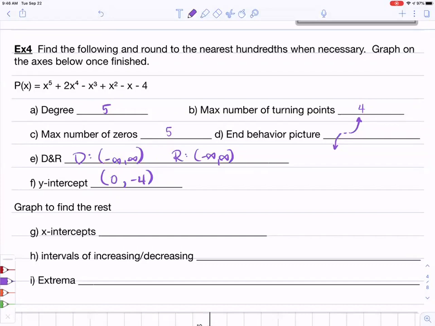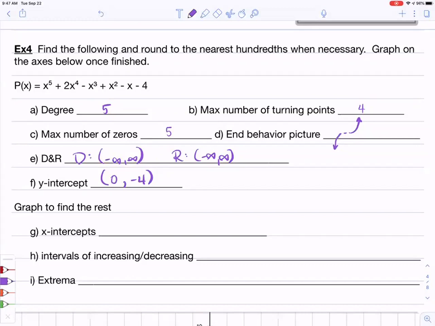So go to your Y equals, and you'll type in X to the 5th, X caret 5, etc. Let's all start with the same screen.